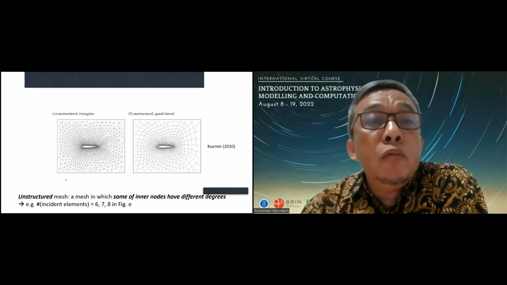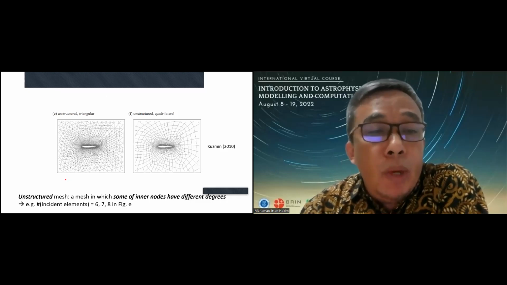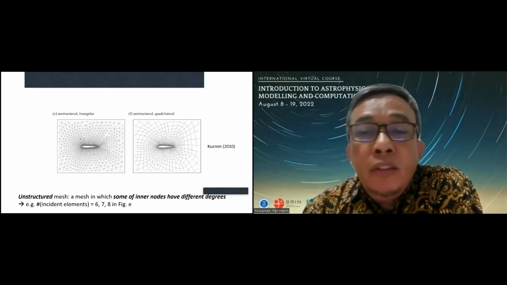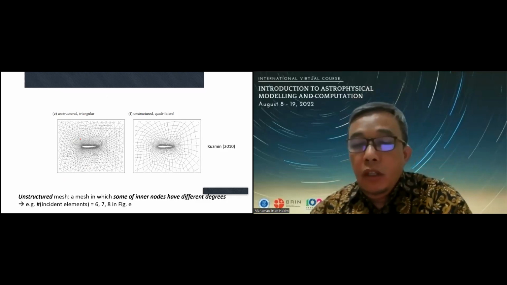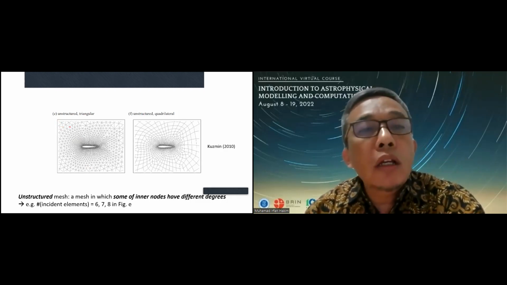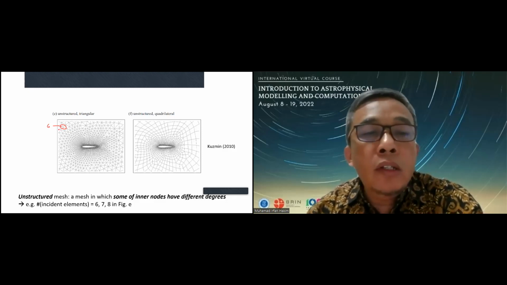Second example is about unstructured mesh. Some of the inner nodes here, internal nodes, have different degrees. If you look here, for example, 1, 2, 3, 4, okay, 6. Yeah, I think we have 6 here, 6 incident elements.